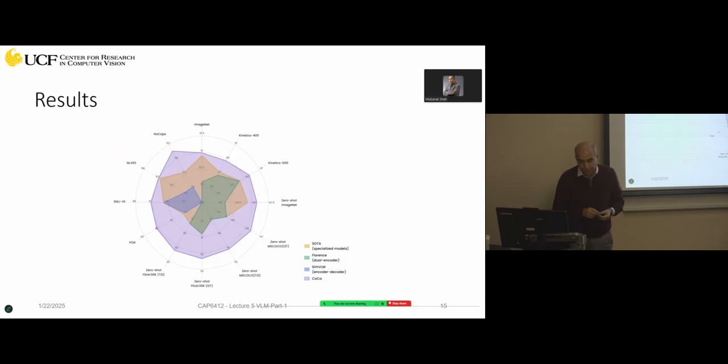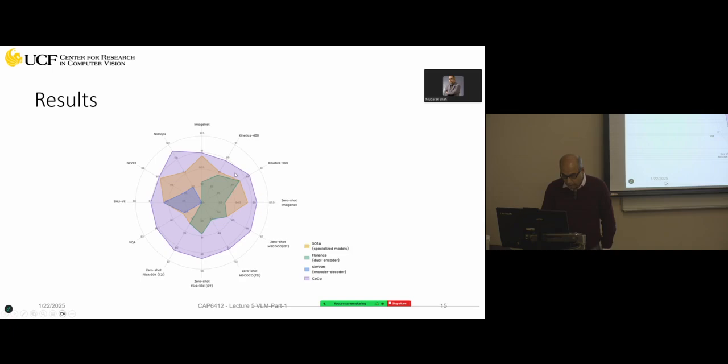So they show these results, and you will see many of these papers have what they call a radar plot, okay? The idea is that we want to show the performance of CoCa, which is shown in this color.